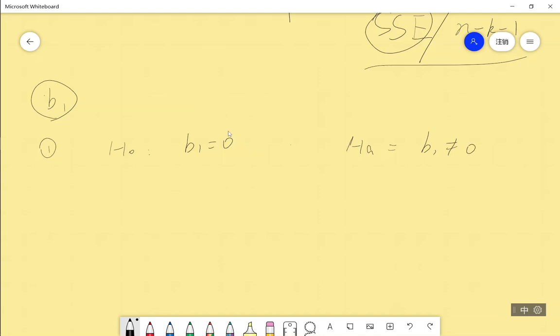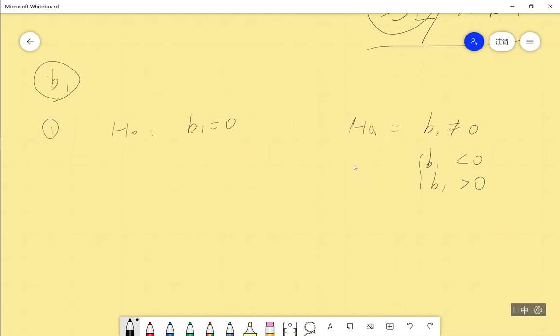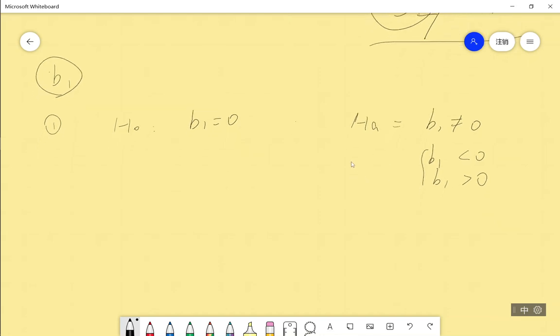So B1 not equal to 0 means B1 less than 0 or B1 bigger than 0, just a different tail, and that's pretty much one way of looking at things. So you need to reject the null hypothesis to accept the alternative.